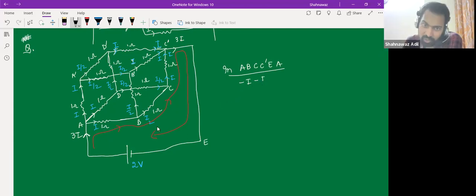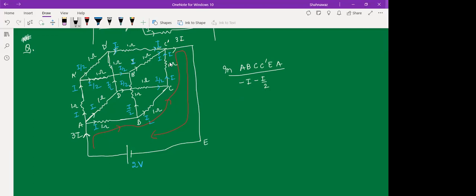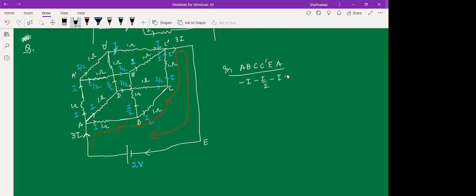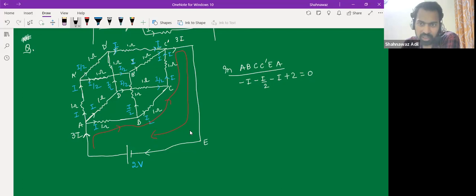Minus I by 2, right? Okay. And in here, what should I get? Minus IR. Minus I. Okay. R is 1. And then what should I get? Plus 2. This is equal to 0. Clear, guys? Yes, sir.